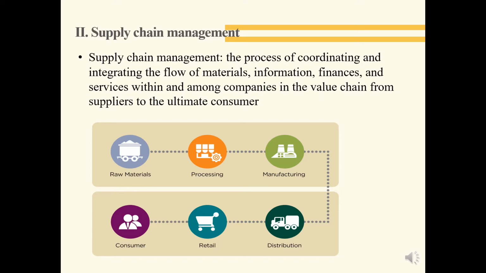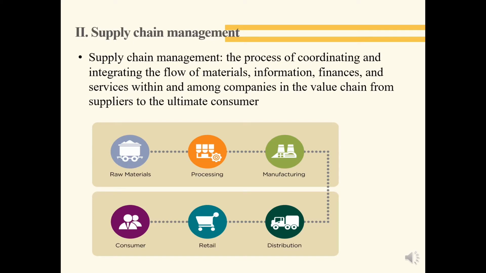As you can see in the image I attached here, it is a process of producing a product, and we have raw materials to processing, from processing to manufacturing, from manufacturing to distribution, from distribution to retail, from retail to consumer.